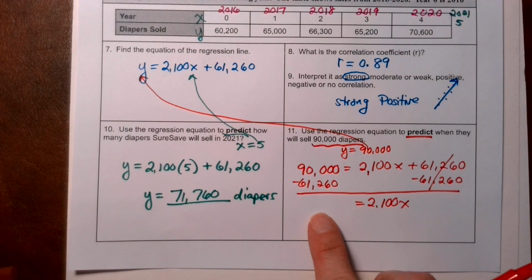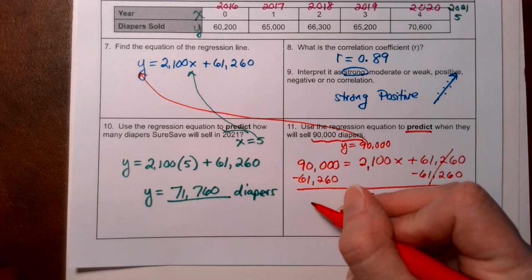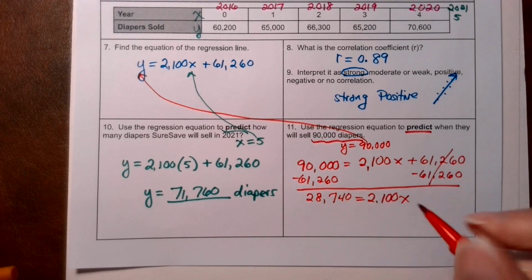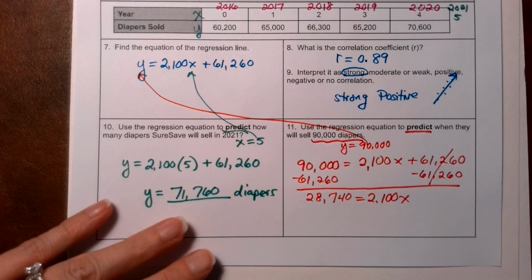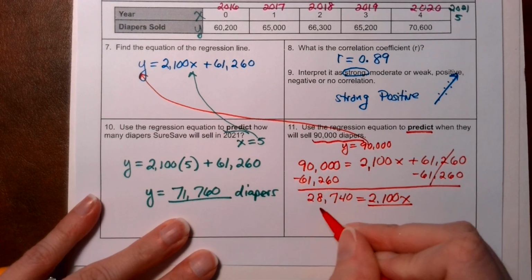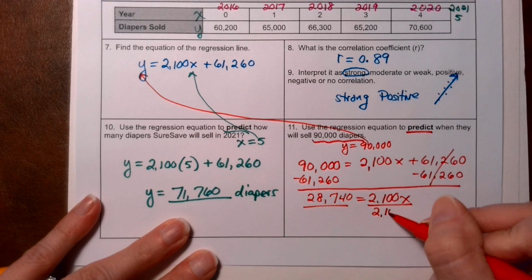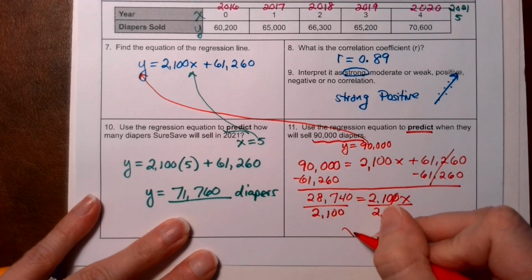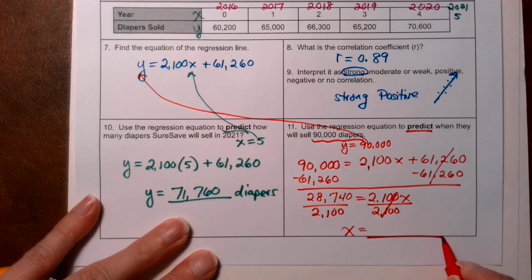What did you get? I hope you got 28,740. Okay. And now we're going to divide both sides by 2,100.